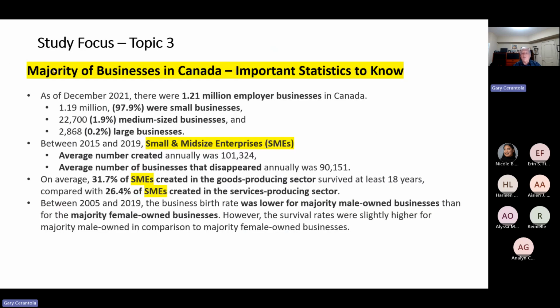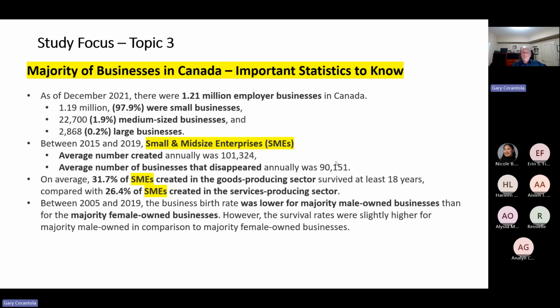So now we're getting into some highlighting, so we might be into some test requirements here. But look at this. Between 2015 and 2019, the average number created annually was 101,000 plus small and medium enterprises. Average number of businesses that disappeared.